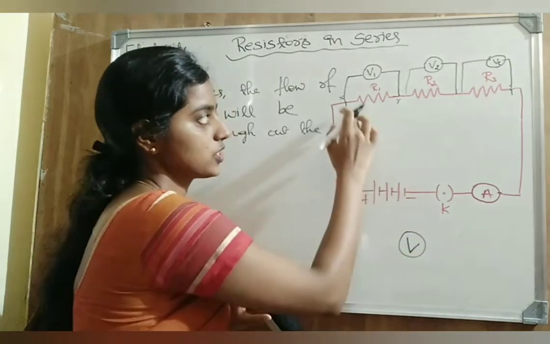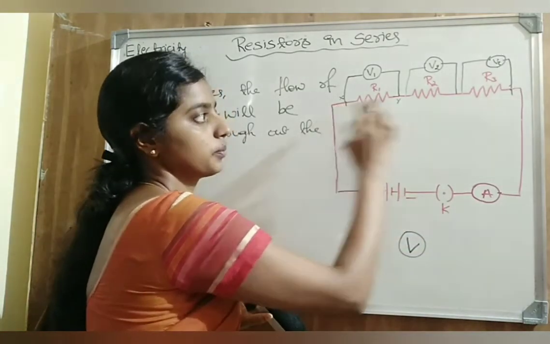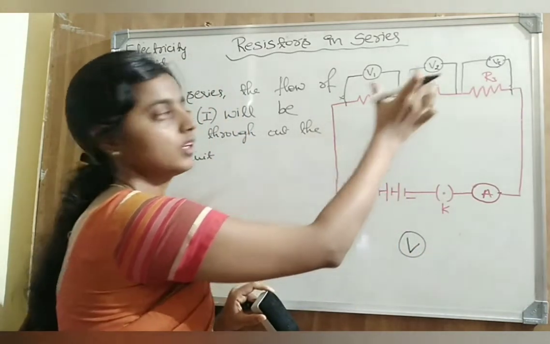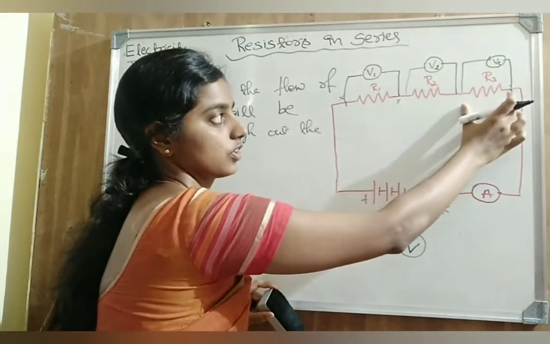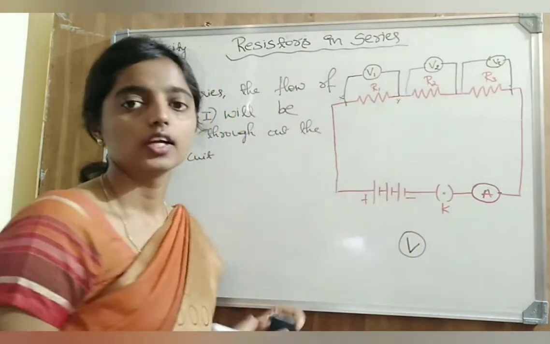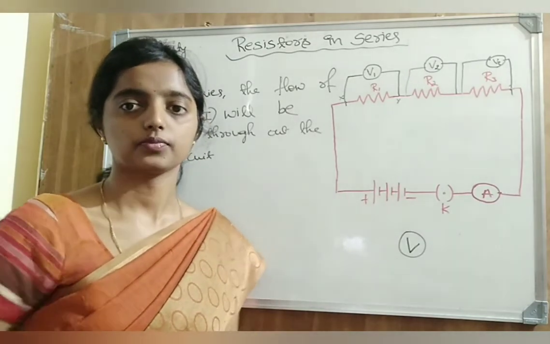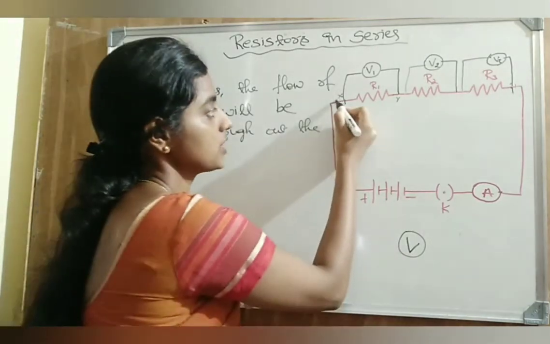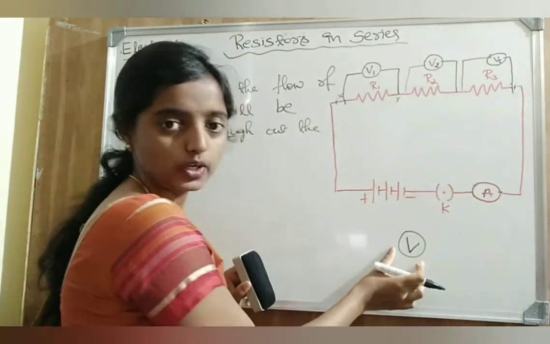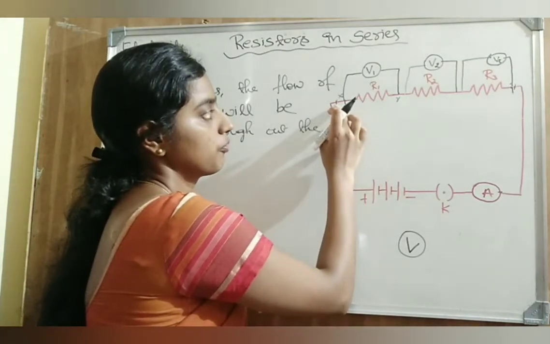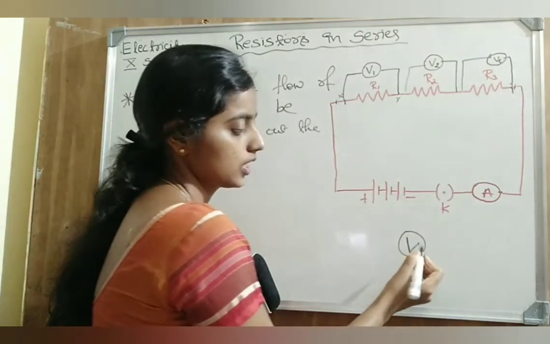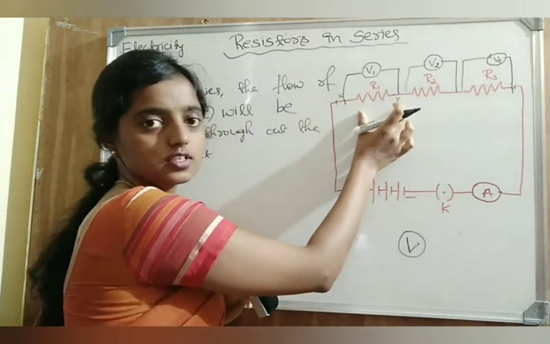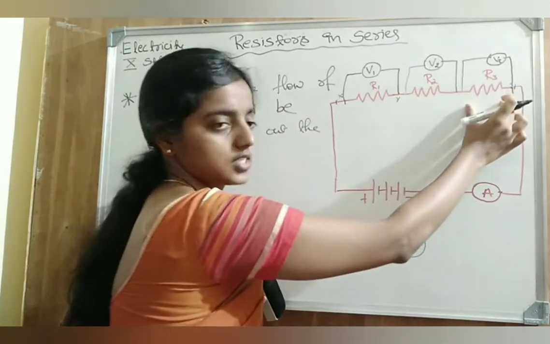V is different, that is the first one where we took from this terminal to this terminal, and the potential difference across resistor 1, across resistor 2 and across resistor 3, all the readings we got in different numbers. From this activity, we observed that the first reading which we took from this terminal to this terminal, which we called V, is equal to the sum of the potential differences of resistor 1, resistor 2 and resistor 3.